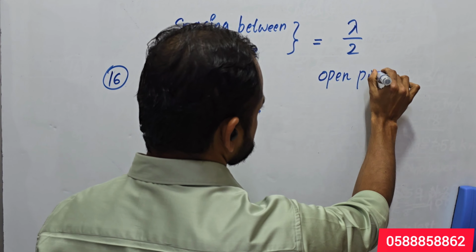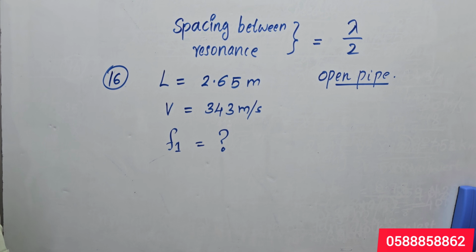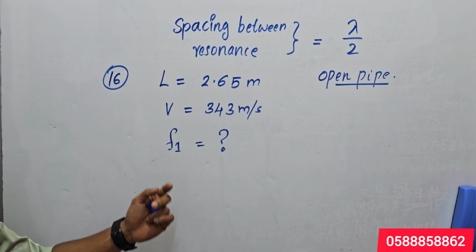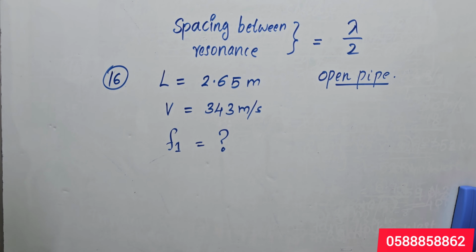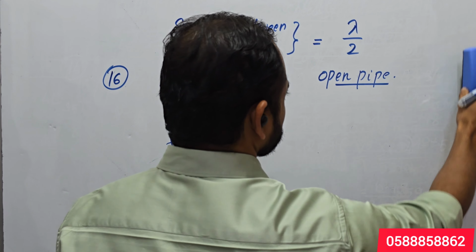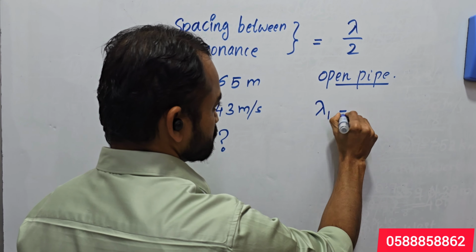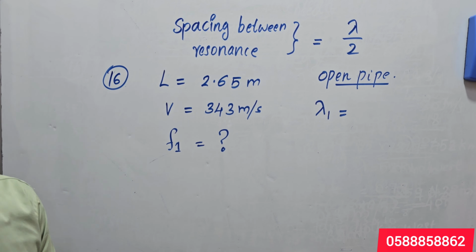Open pipe, right? Yes. Okay, very good. So in an open pipe, the first wavelength lambda 1, means the wavelength of the fundamental wave, right?